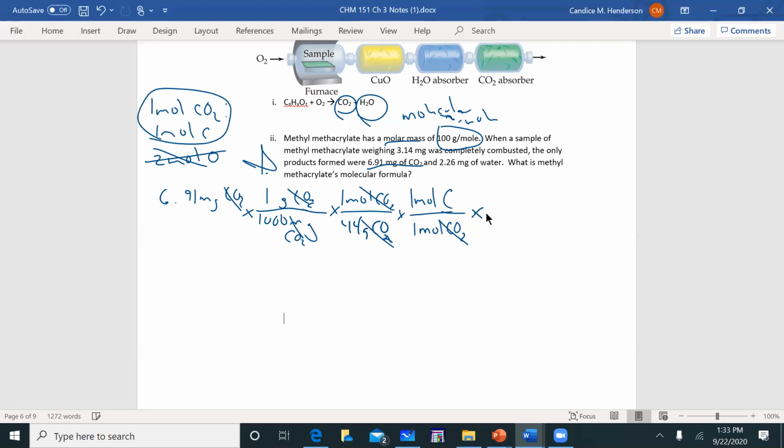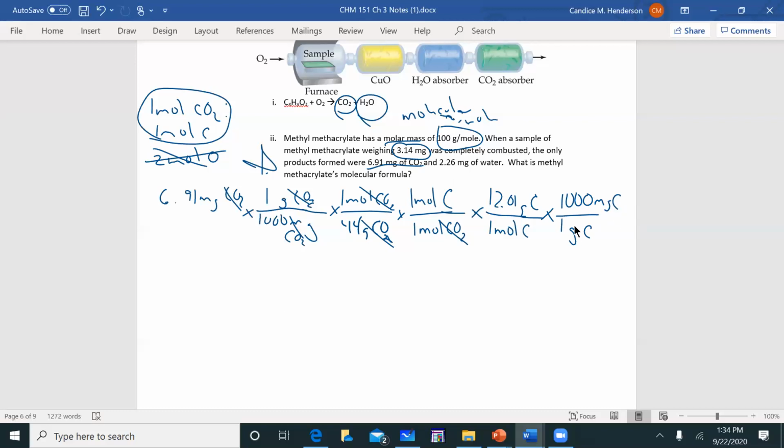I don't want moles though, I want grams. So I'm going to take 1 mole of carbon for every 12.01 grams of carbon. Because my original sample mass is in milligrams, I'm going to convert this back into milligrams as well. So for every 1 gram of carbon, I get 1,000 milligrams of carbon.